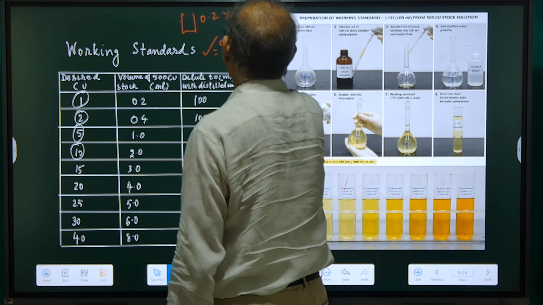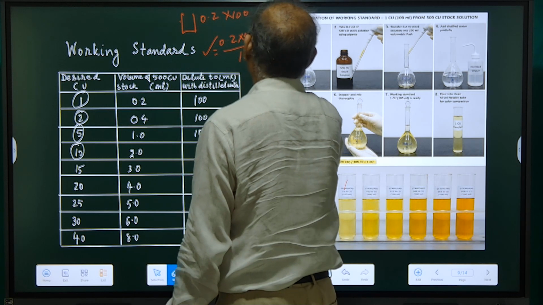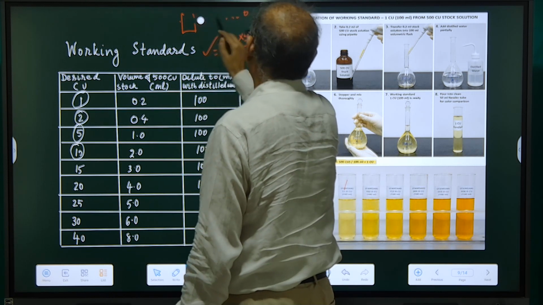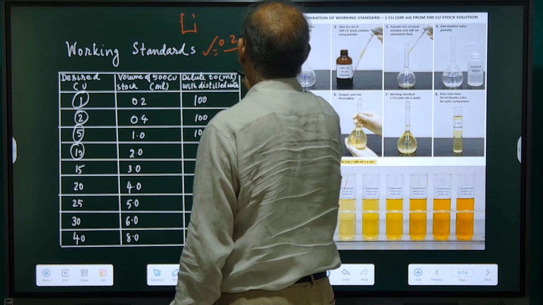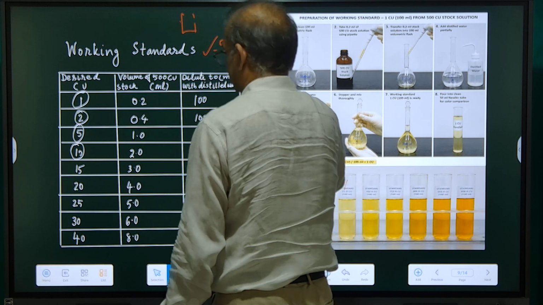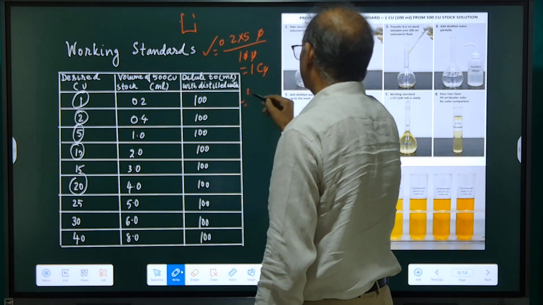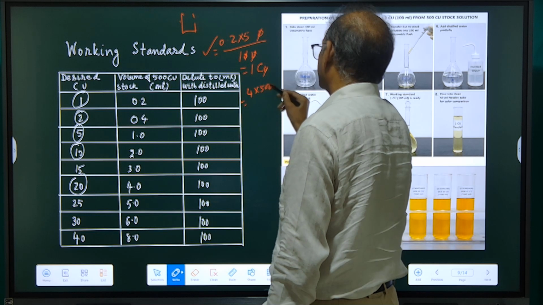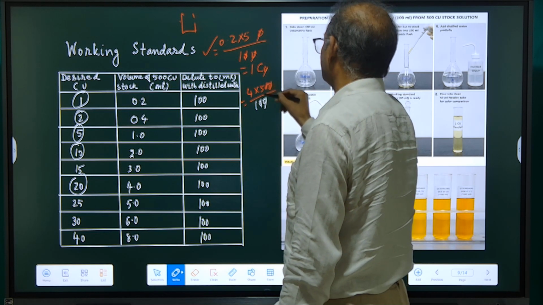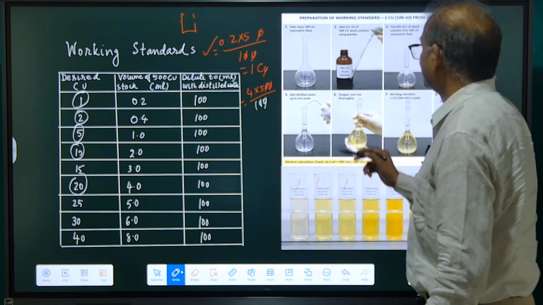That is 0.2 into 500 divided by 100, it will become 1 color unit. If we have to make 20 color unit, we need to take 4 ml into 500 divided by 100, so it will become 20 color unit. Likewise, we have to make a number of standard solutions.